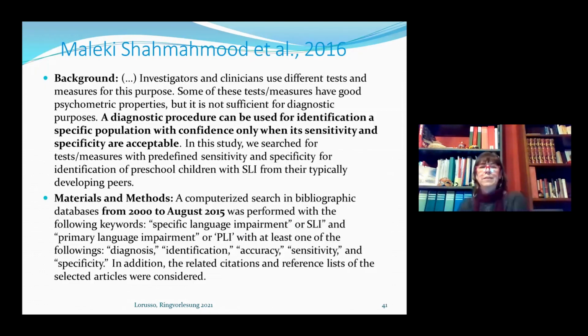What the authors say is that we can consider a diagnostic procedure as usable, as allowed for the identification of a specific population, only when its sensitivity and specificity are acceptable.